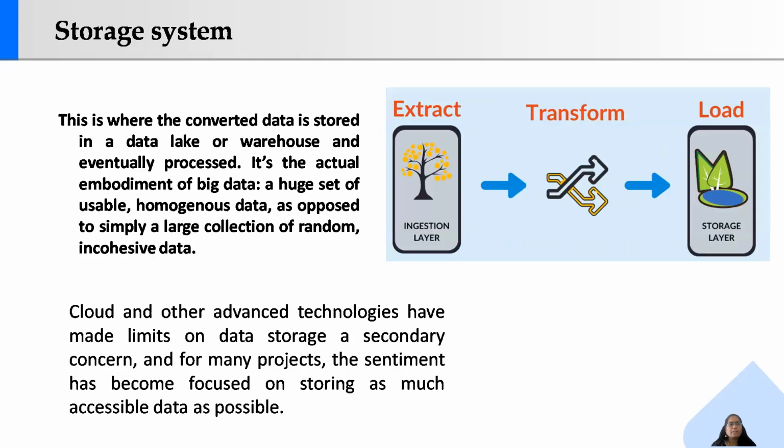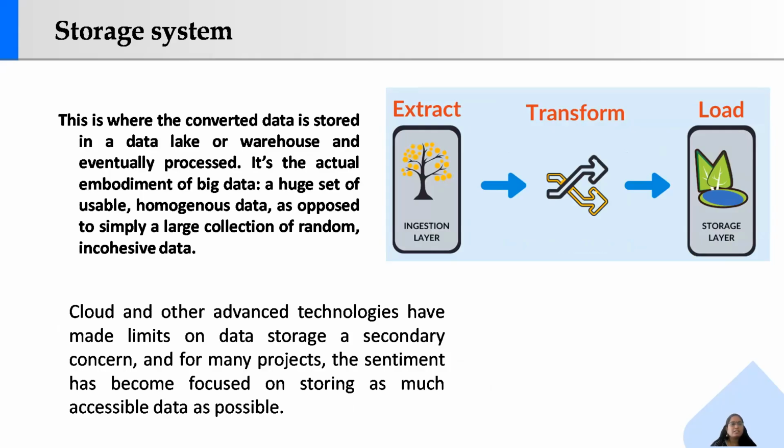The next component is storage systems. There are three main things in ETL: extract, transform, and load. The extract process is done by the ingestion layer. Once extracted, the storage layer handles the things.